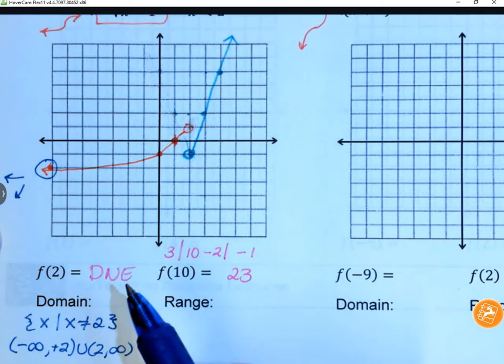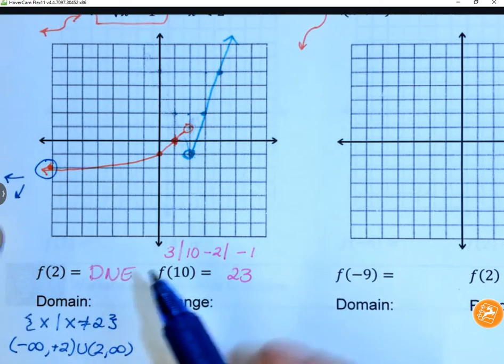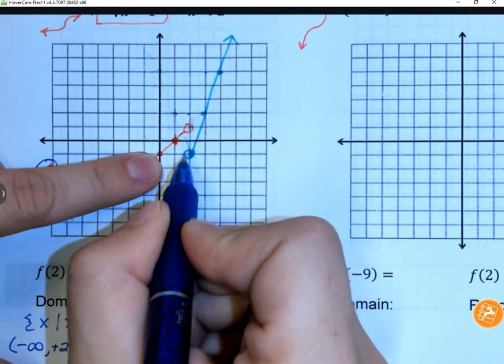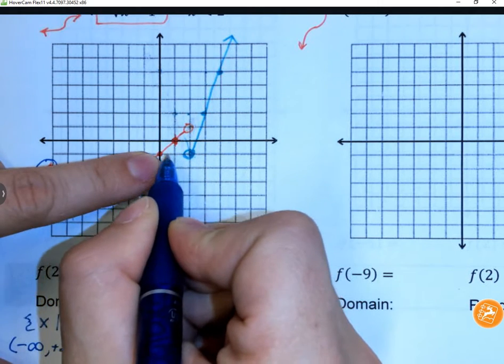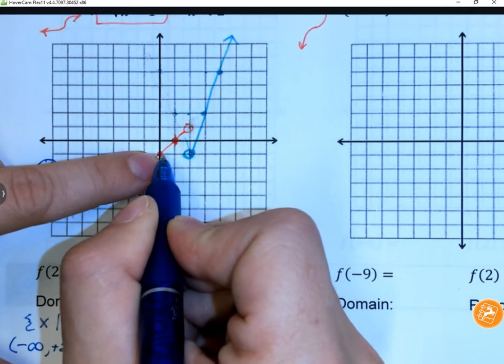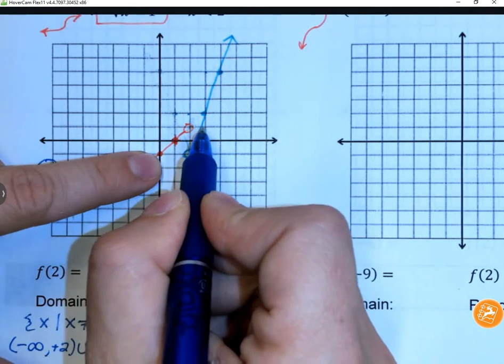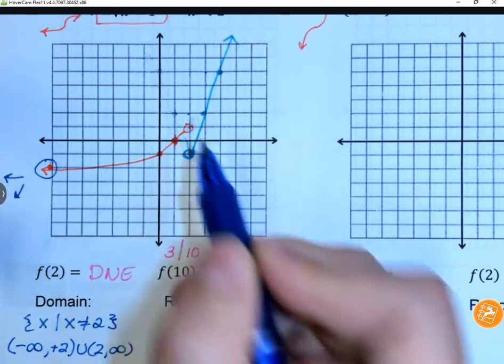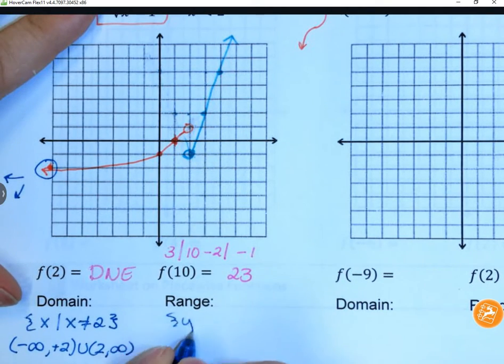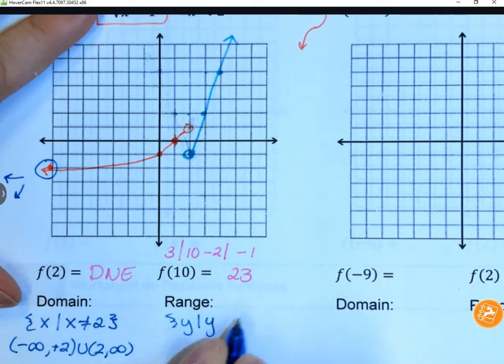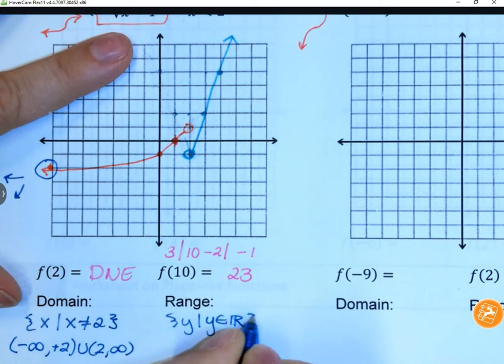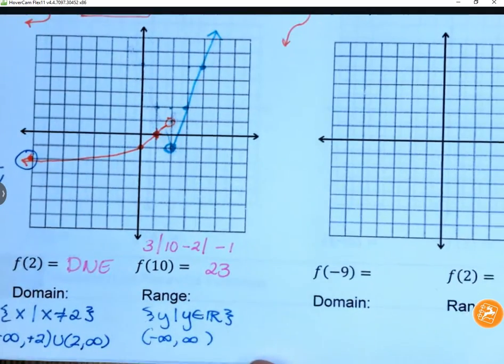We'll go everywhere in between. Yes, because even though we have open circles, this open circle is also filled by that spot right there, and this open circle has a spot on it right there. So this is, again, all real numbers, or negative infinity to infinity. And beyond.